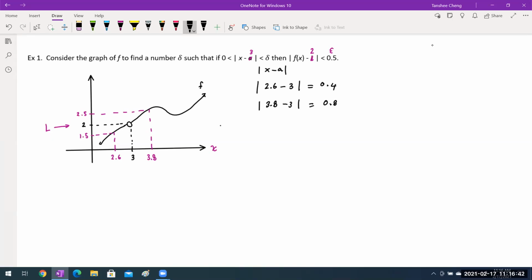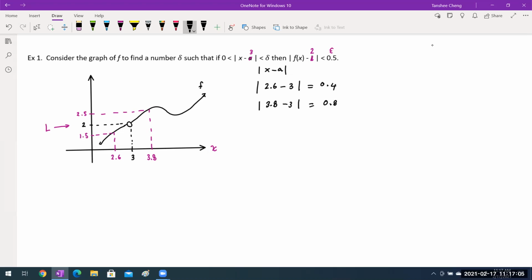So in this case, what do we choose? Remember, the idea of the limit is getting closer and closer to the number that we want to approach, in this case a, which is 3, right? So I have a distance from 3 to 2.6 and from 3 to 3.8.